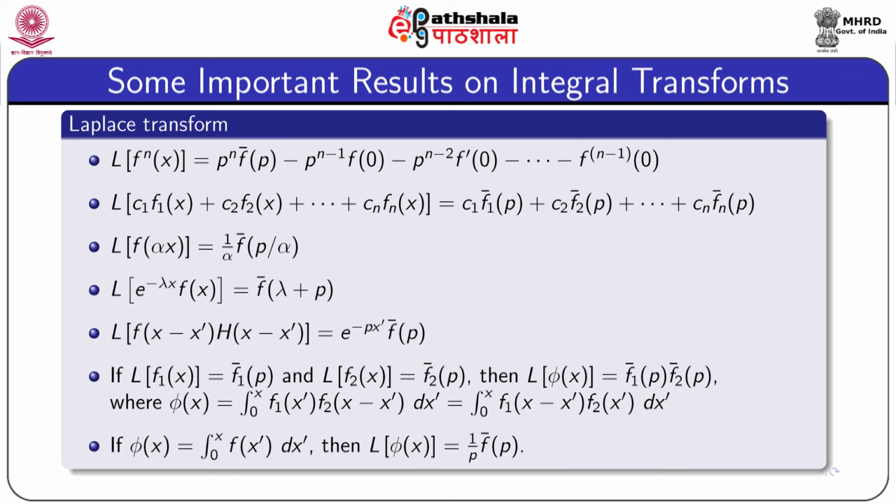The second result shows the linear property of Laplace transform. This integral transform is linear. So, Laplace transform of C1 f1 plus C2 f2 plus Cn fn equals C1 f1 bar(p) plus C2 f2 bar(p) plus Cn fn bar(p), where f1 bar, f2 bar, up to fn bar are the Laplace transforms of f1, f2, fn respectively.